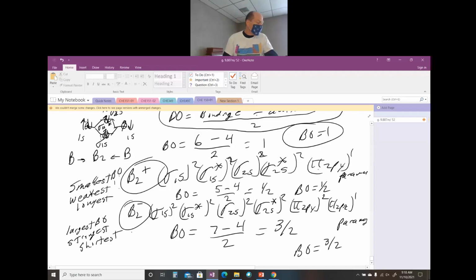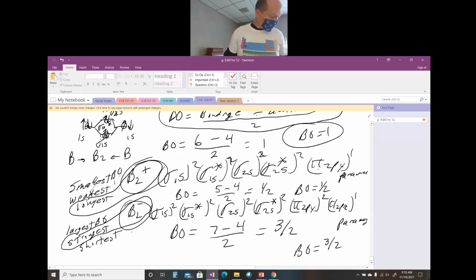And then which boron-boron bond is the longest is the question, and that would be the B2 plus. The one that has the smallest bond order is going to be the longest. The one that's going to be the strongest is the one with the largest bond order. So the strongest is the B2 minus.